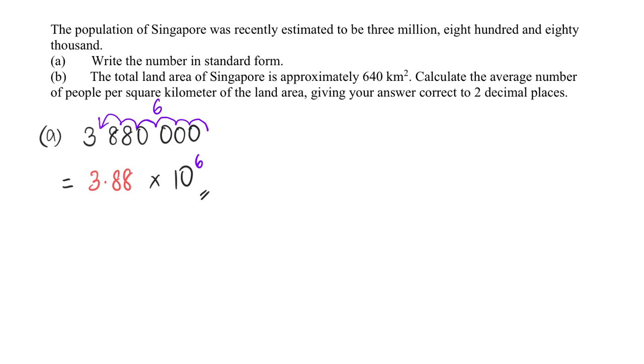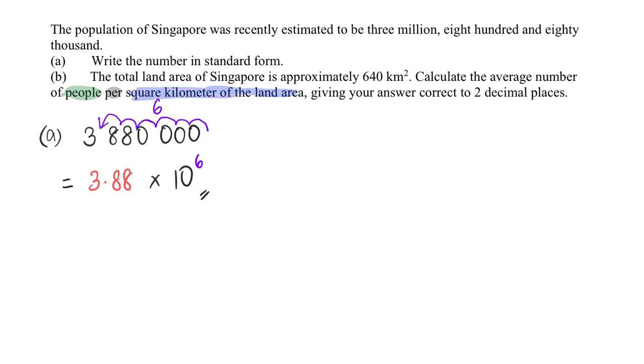Part B. The total land area of Singapore is 640 kilometers square approximately. Calculate the average number of people per square kilometer. Oh, very important. They say average number of people per square kilometer.